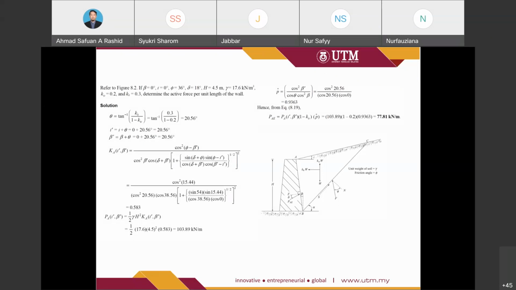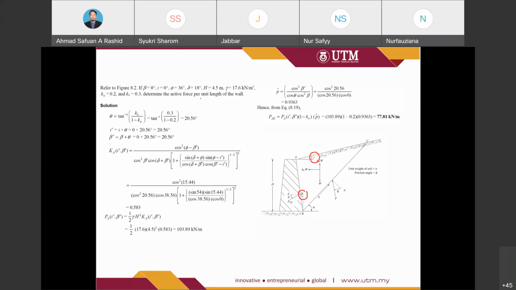So this is the problem, figure 8.2. Beta is equal to 0, I is equal to 0, phi is equal to 36, delta is equal to 18, H is equal to 4.5, unit weight is equal to 70.6, kV is 0.2, KH is 0.3.